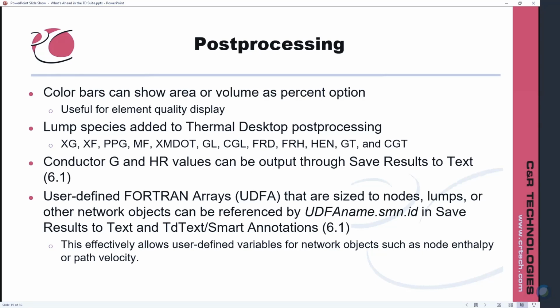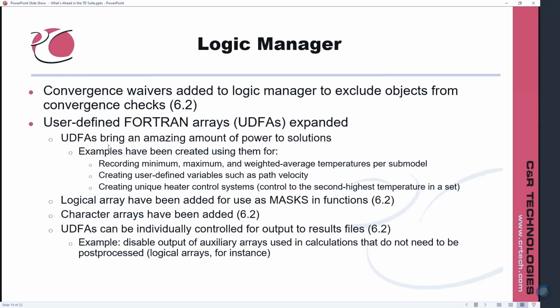So this effectively allows you to create user-defined variables for network objects. So you might want to calculate the node enthalpy or calculate the path velocity, things like that. So when you're in the save results to text or the TD text, which we also call smart annotations, you can reference them very easily within that.